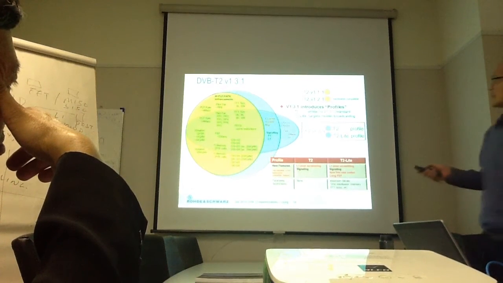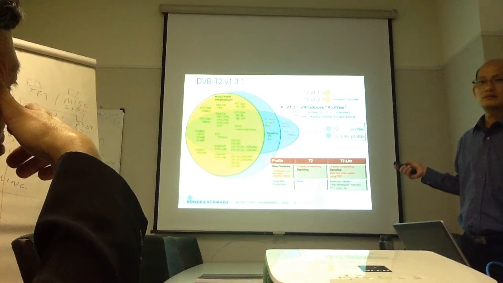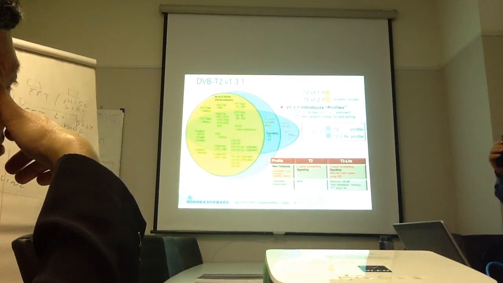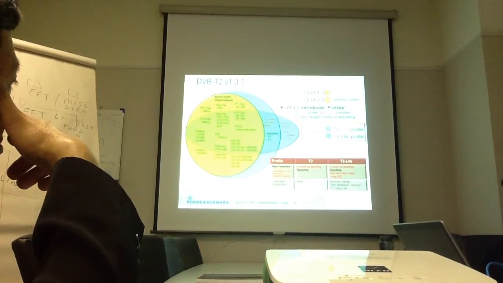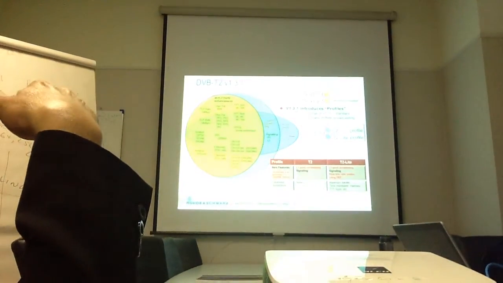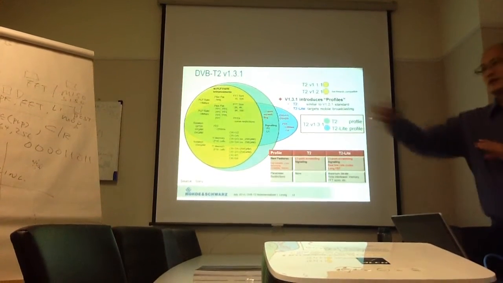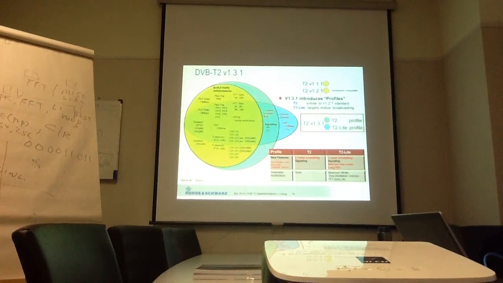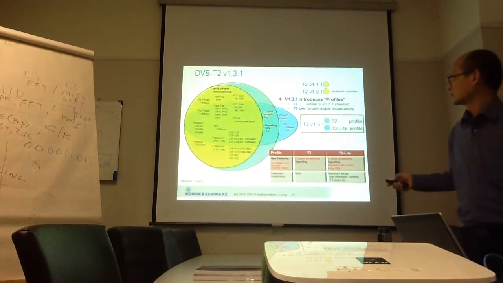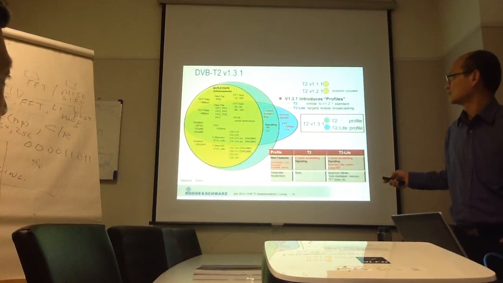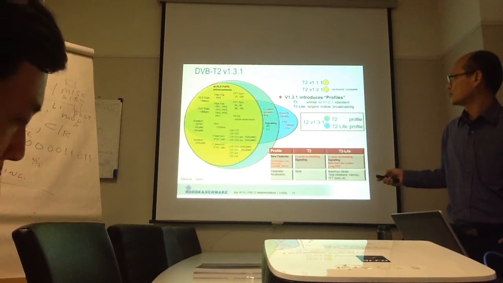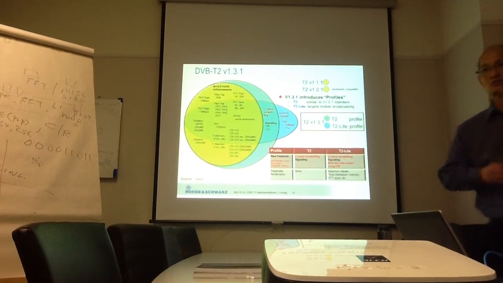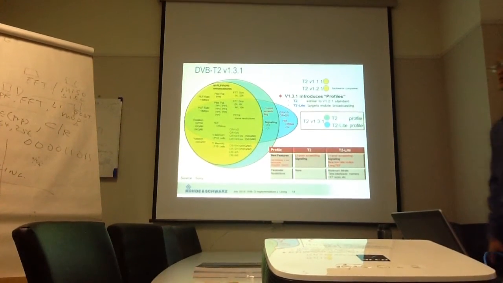Number 2, also you cannot support PP8, because in PP8 the pilot pattern has very few pilots. So this one is no good because when the car is moving, you need to do many channel estimations. And then also 256 QAM, 2/3, 3/4, 4/5, 5/6 is not supported because when moving, 256 QAM is not possible.